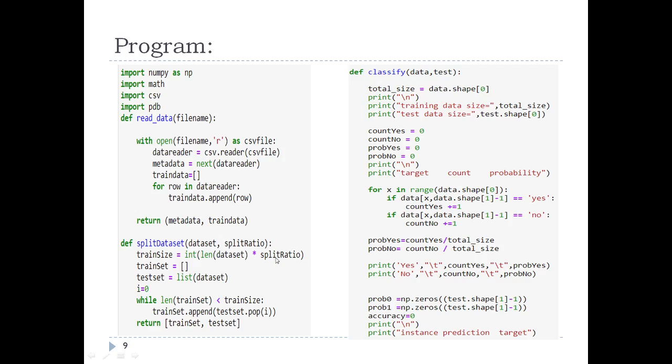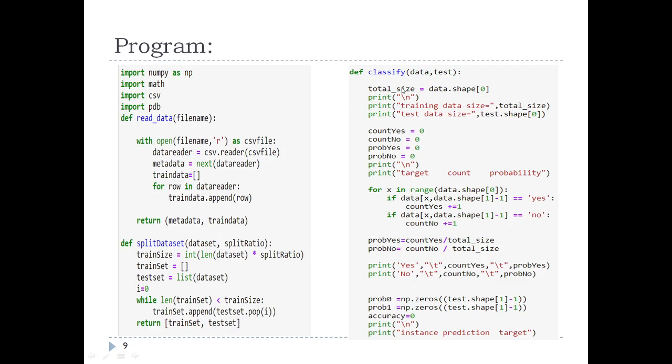Based on some ratio we will split the entire data set into training data and testing data. This is the function which will split your data set into training set and test data, and finally it will return two forms, that is training set and test set.